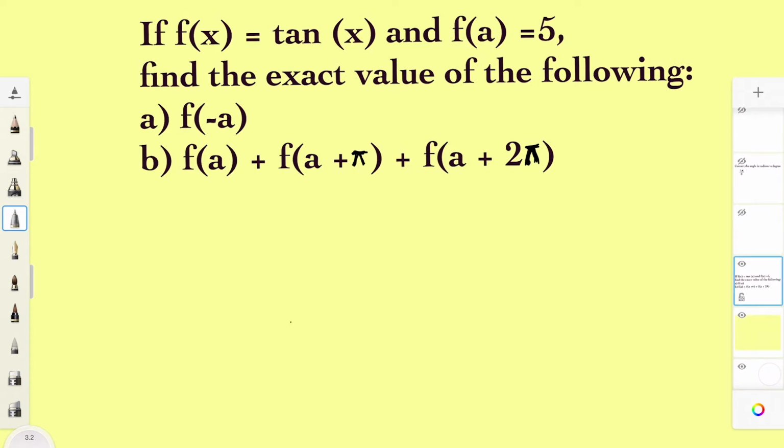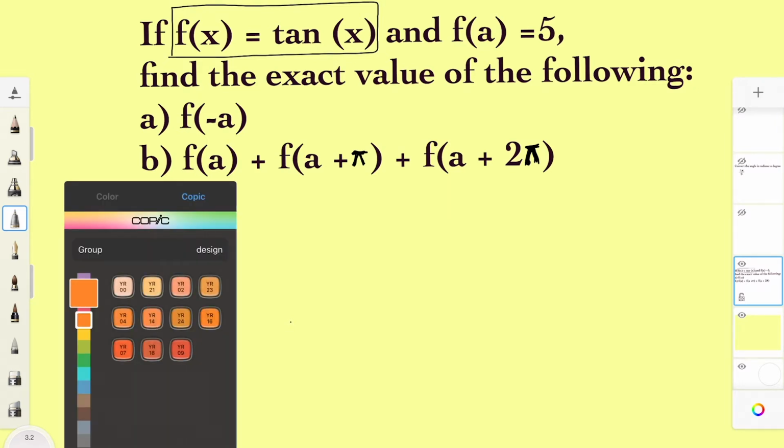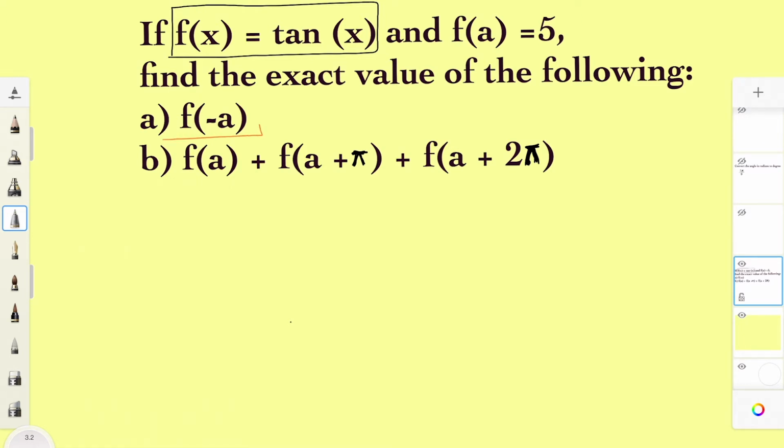is, we have f of x equal to tangent of x and f of a equal to 5. They ask us to find the exact value of the following: f of negative a. So f of a will be tangent of a.